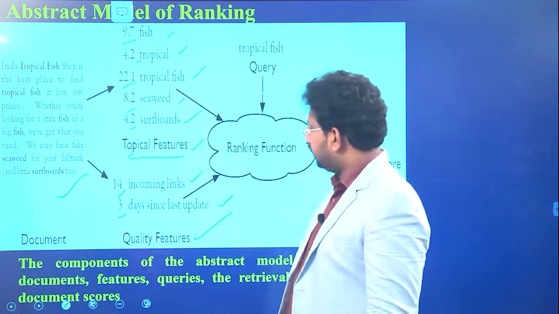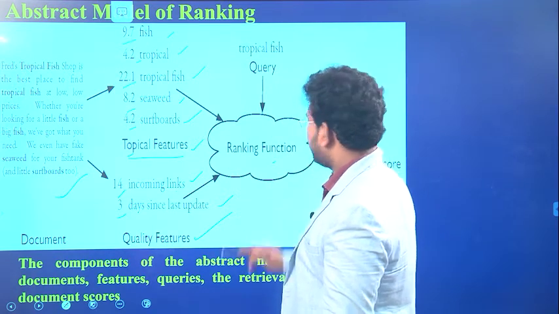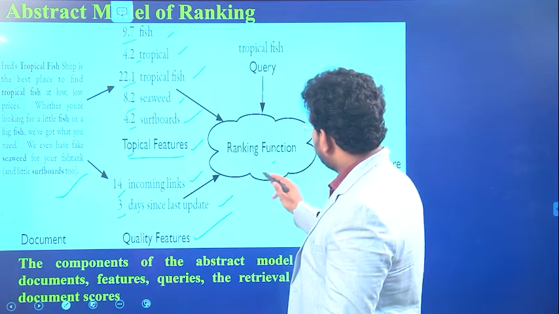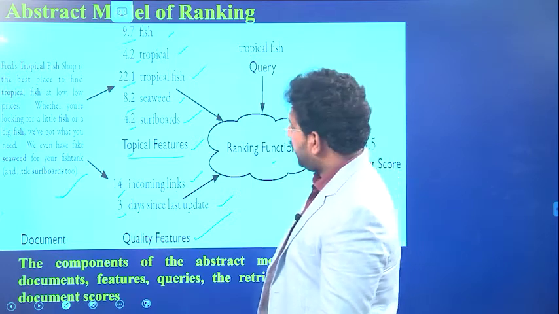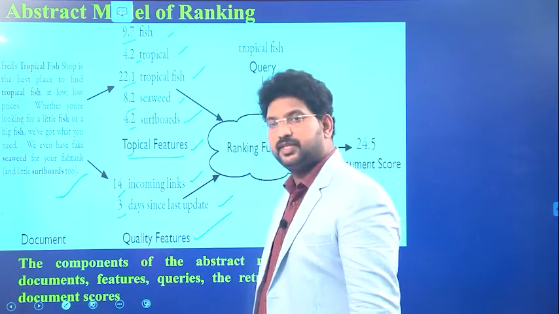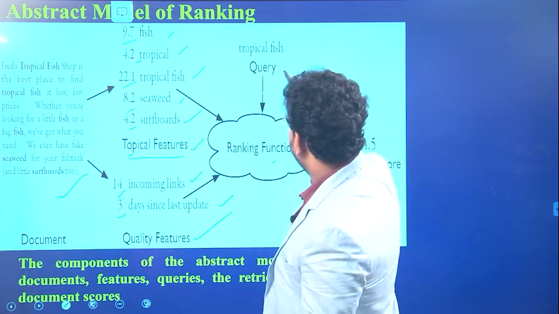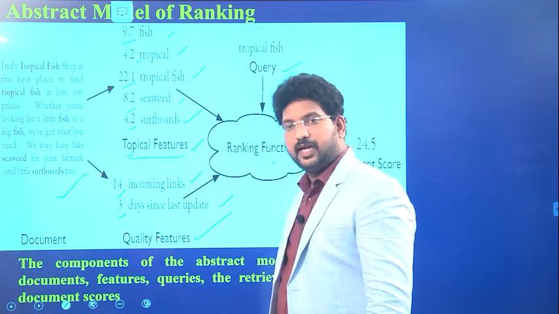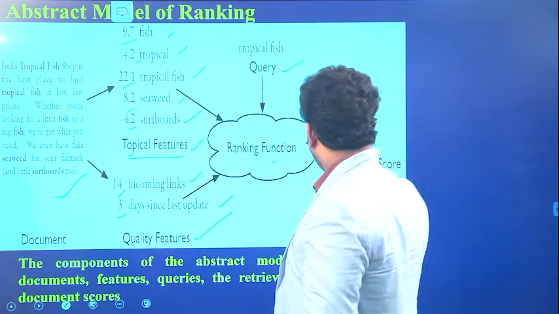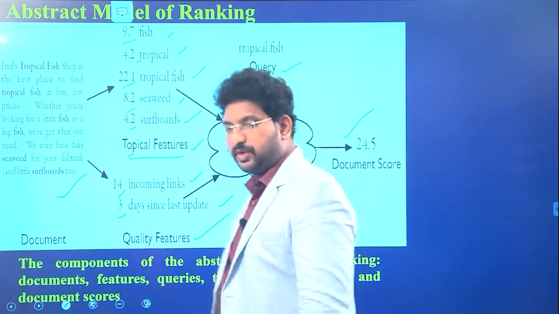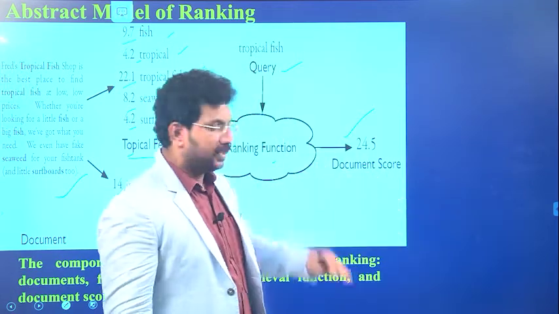And here is the ranking function, which combines the document features, takes the query given by the user and generates the final document score.